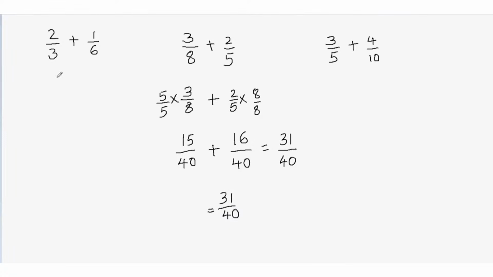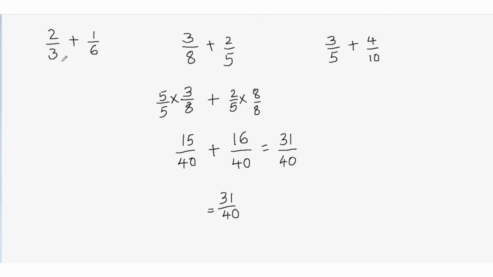Now let's look at this case. Now here, as I told you, if the denominator of one fraction is a multiple of the other fraction's denominator, here 6 is a multiple of 3. So if this is the case, then instead of multiplying both the fractions by each other's denominator, we can just multiply one fraction. So here we multiplied both the fractions by each other's denominator.